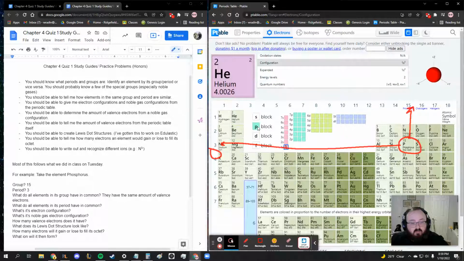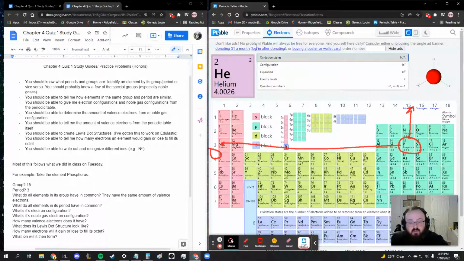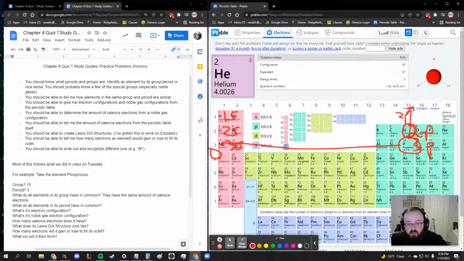If we show our blocks, there we go. Here is our 1s, our 2s, our 2p, our 3s, our 3p. Nitrogen here will be 2p2, or sorry, 3.